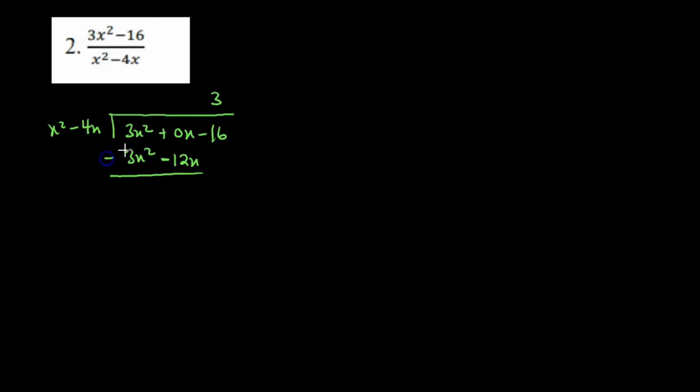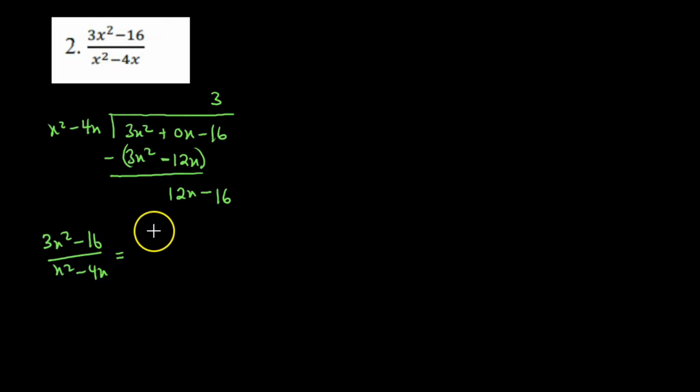Then now we subtract. When we subtract, 3x squared minus 3x squared will give us 0. And that will give us 12x minus 16. We push down the 16 here. So that is our remainder. Hence, we have 3x squared minus 16 all on x squared minus 4x.